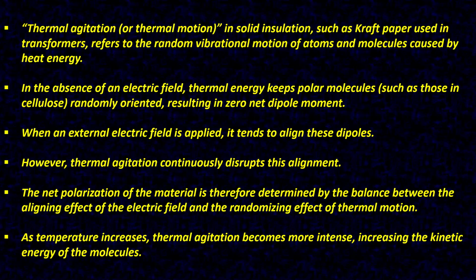However, thermal agitation continuously disrupts this alignment. The net polarization of the material is therefore determined by the balance between the aligning effect of the electric field and the randomizing effect of thermal motion.